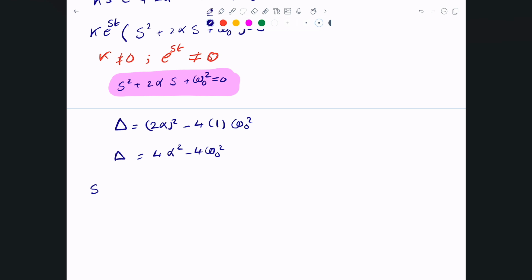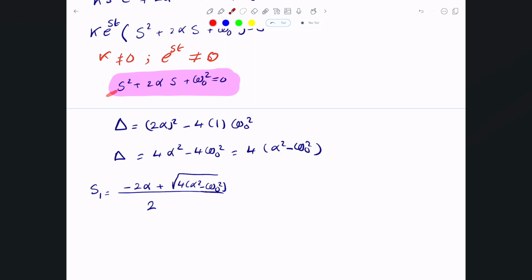The two roots of this quadratic equation are s equals negative b, which is 2 alpha, plus or minus the square root of 4 alpha squared minus 4 omega 0 squared, divided by 2a, and a is 1. That tells me this is simply negative alpha plus or minus the square root of alpha squared minus omega 0 squared. Hence the reason why I changed the a1 and a2 to alpha, because I knew this would happen here.